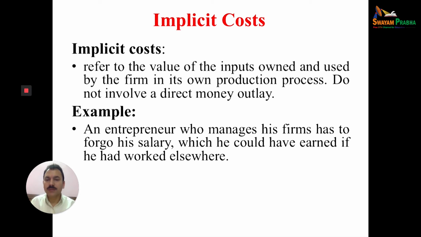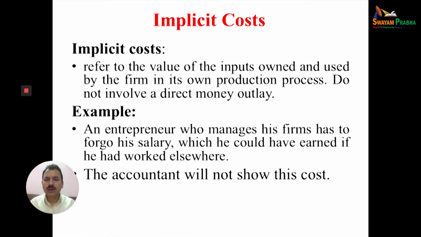And even if he uses his own building for the firm, he will not pay any rent for that building. So this implicit cost is basically payment made to the self-employed and self-owned resources.